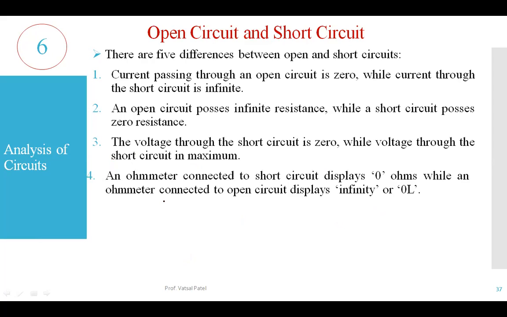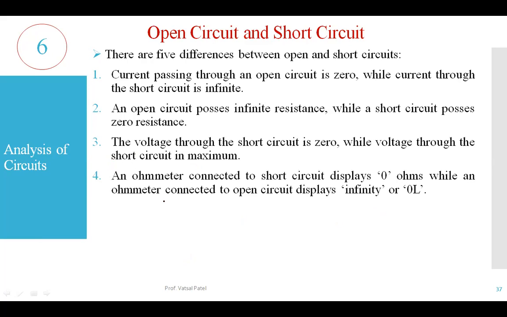And the fourth point: an ohm meter connected to a short circuit will display 0. That means the same thing written in point number 2. We're using the measurement instrument, the ohm meter, for the resistance measurement.